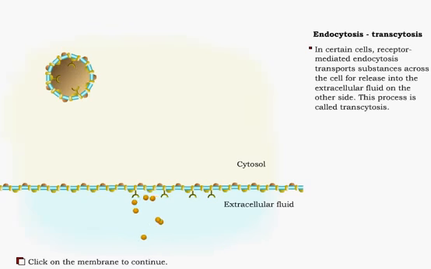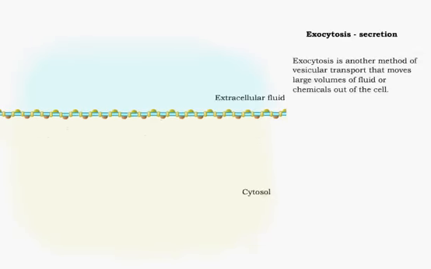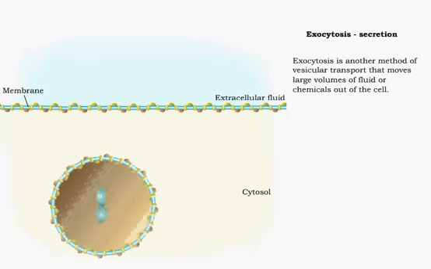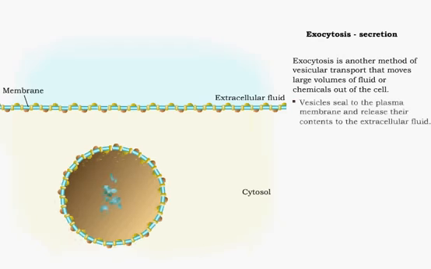Exocytosis is another method of vesicular transport that moves large volumes of fluid or chemicals out of the cell. Vesicles, enclosing substances for release, seal to plasma membranes, and the contents are exported out of the cell.